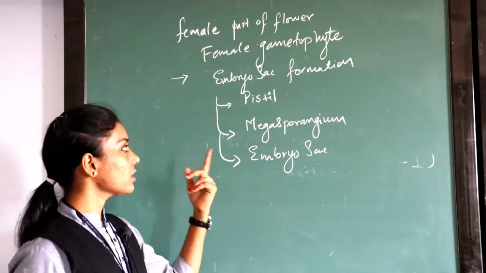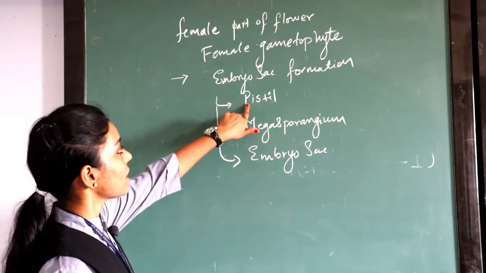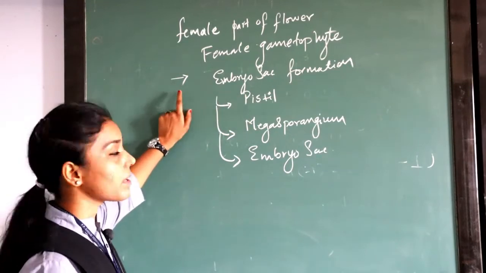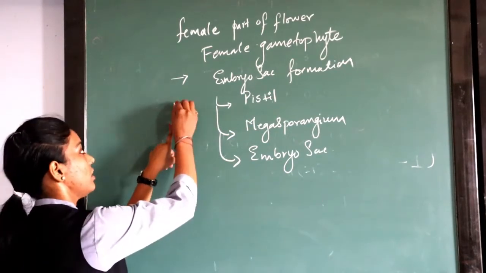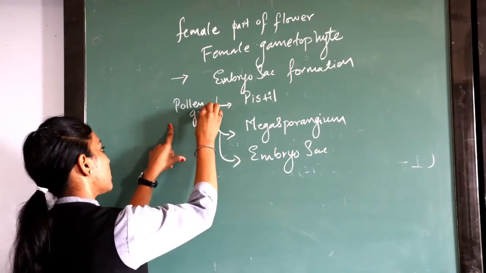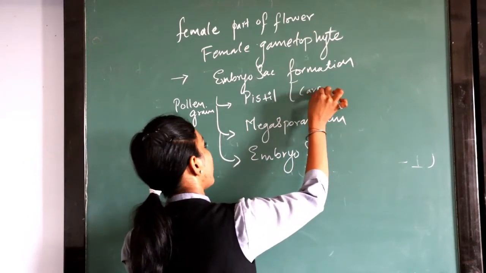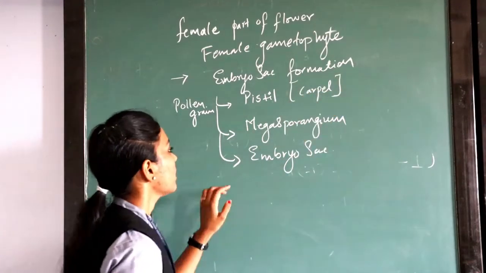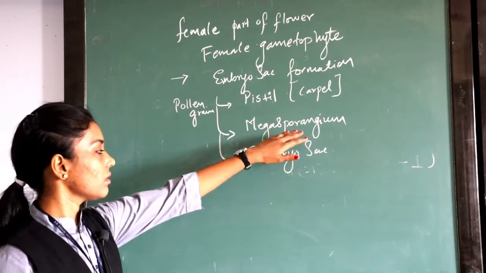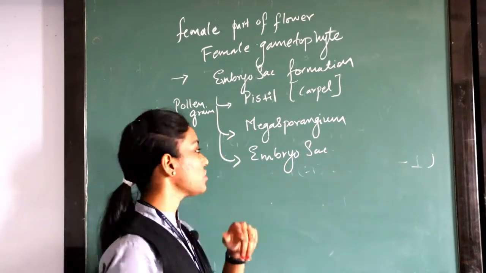If you recall the thing that we have seen in the male part of a flower, in place of pistil, there in the male part of a flower we have seen what? It was pollen grain. Here pistil is also called carpel. In place of megasporangium we have seen microsporangium.